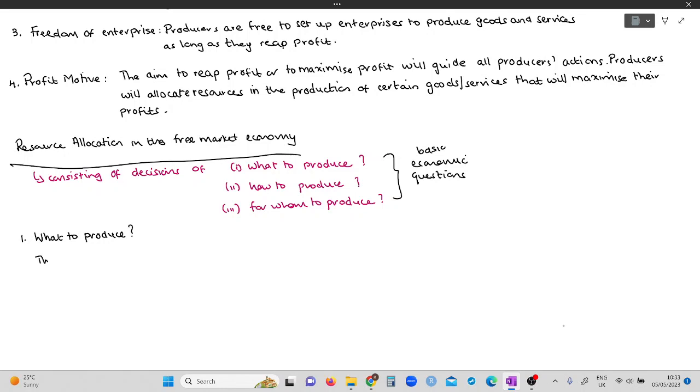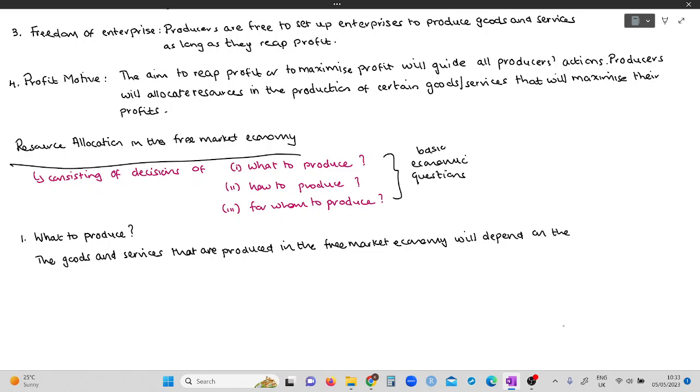And the goods and services that are produced in the free market economy will depend on the price mechanism.